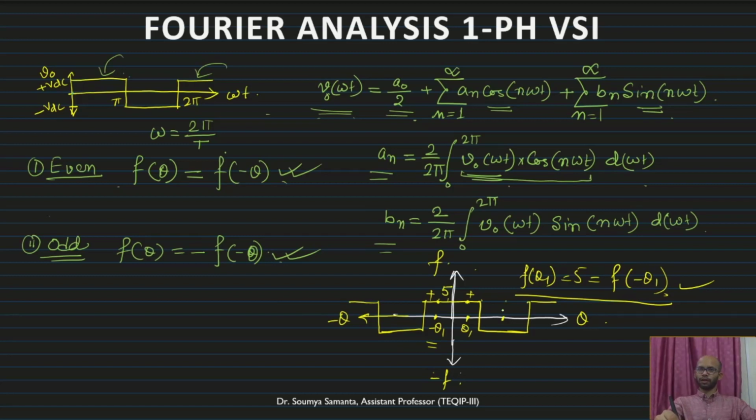Now if you take theta 2, suppose, what is this one? Minus 5. Okay, this is minus 5, suppose. And at a similar distance, if I take theta 2 and minus theta 2, we will get the same minus 5. So this one is satisfied. So this function is the even function.